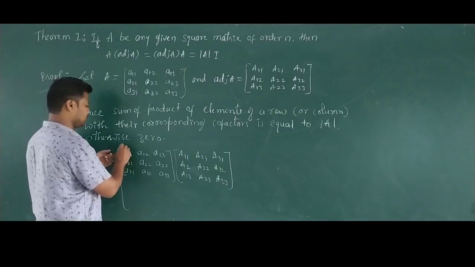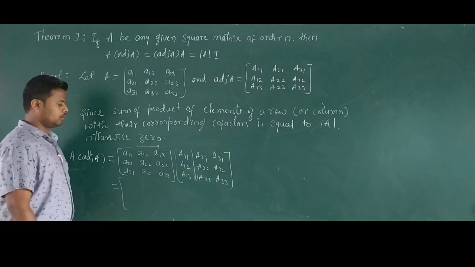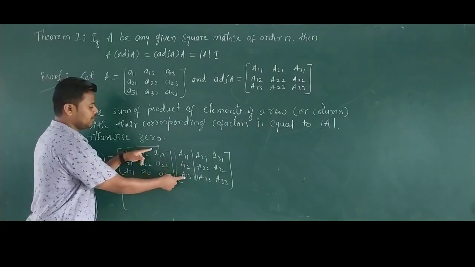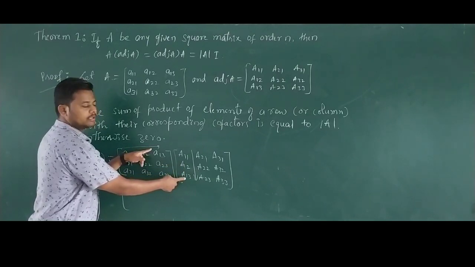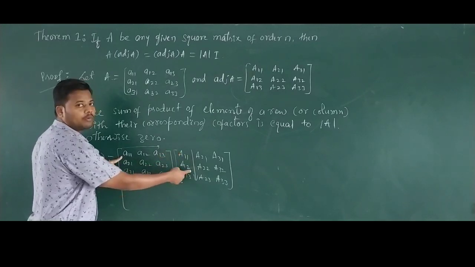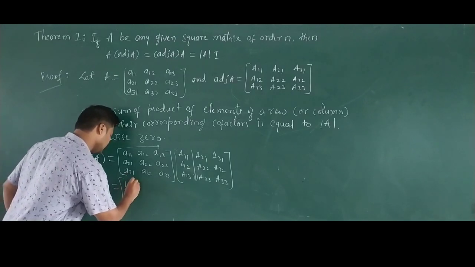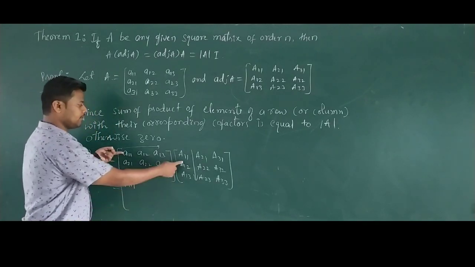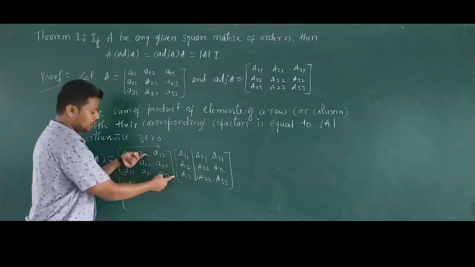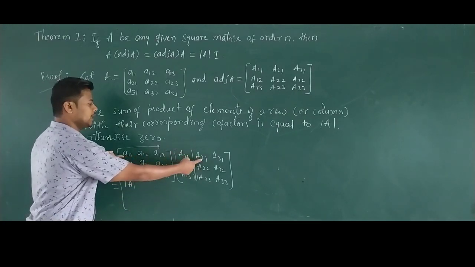Take the row of the first matrix, and go down the column of the second matrix. A11 into A11 plus A12 into A12 plus A13 into A13, elements of the first row with their corresponding cofactors, gives the determinant of A.